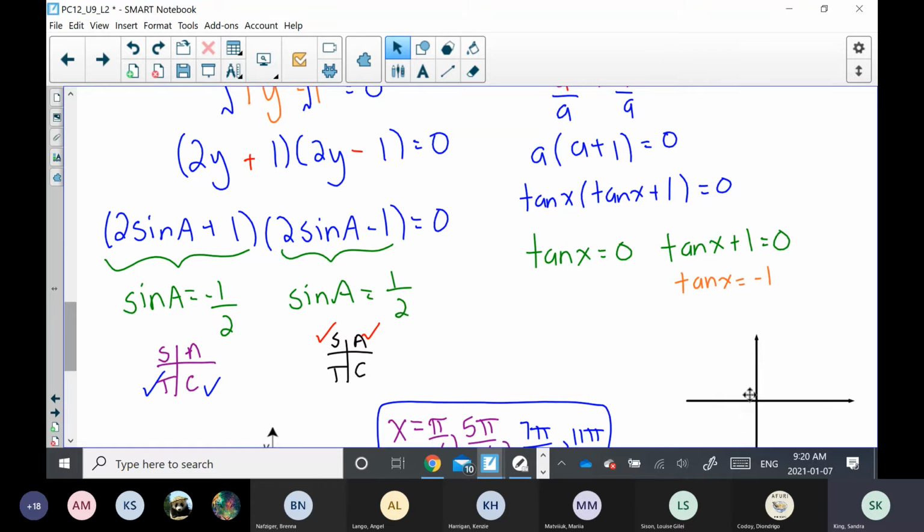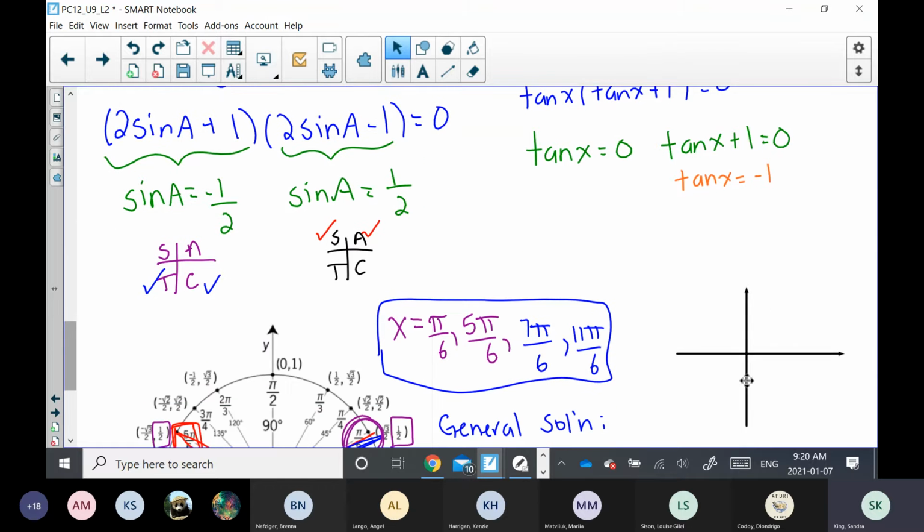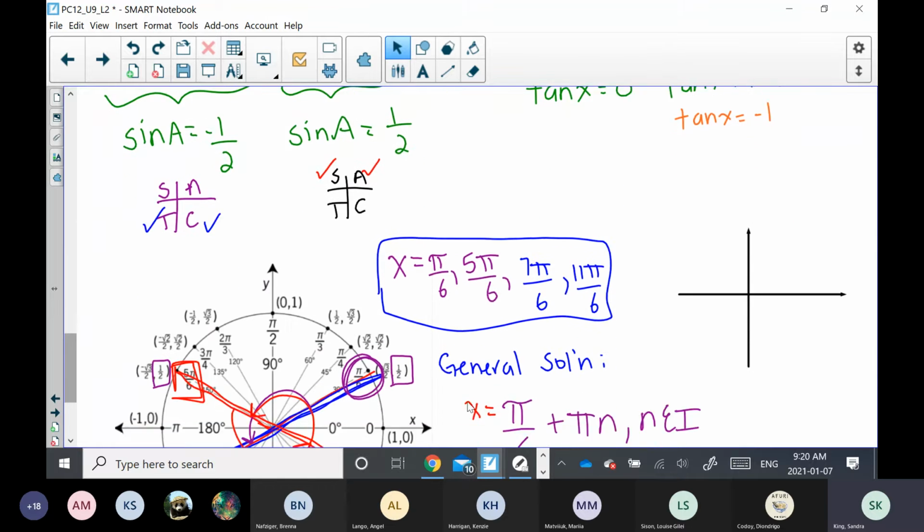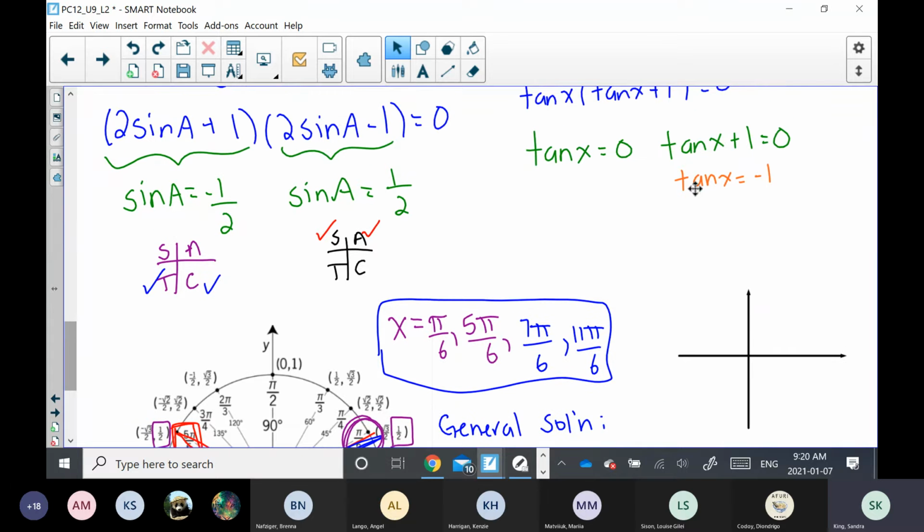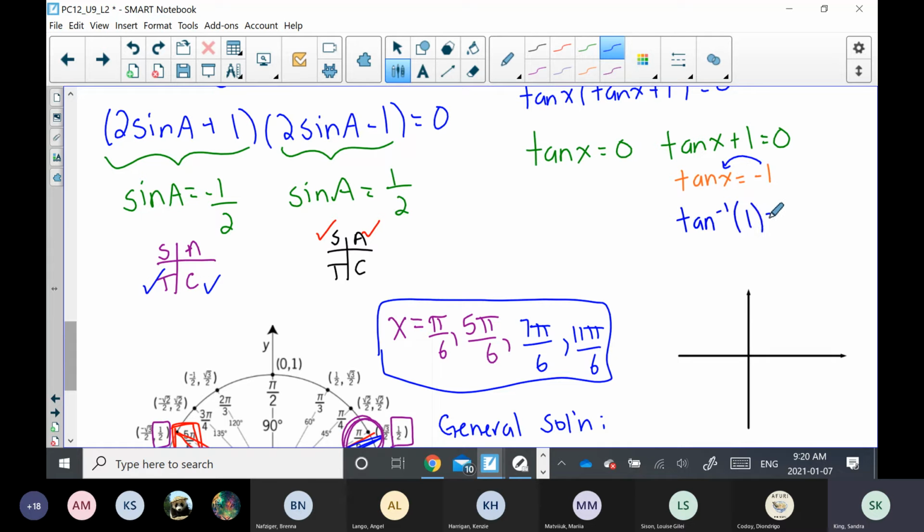Okay, sometimes students have a harder time with tan looking at the unit circle because tan is y over x. So if you struggle with tan, one thing that you could do is the method that we did yesterday and find the reference angle. So for solving this one, the inverse tan of the absolute value of -1 is 1.